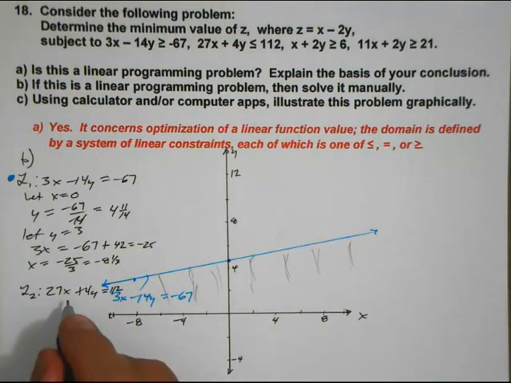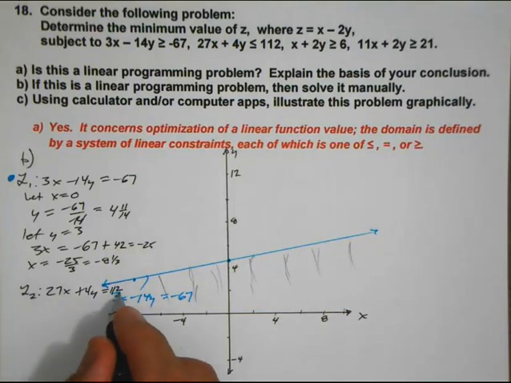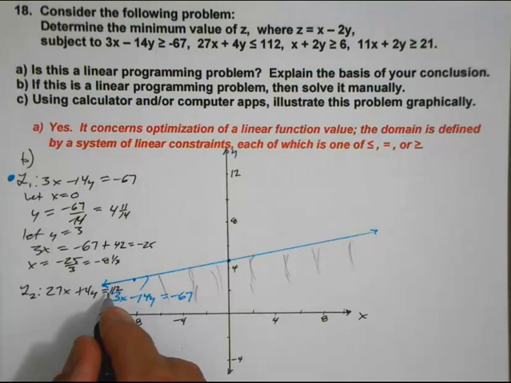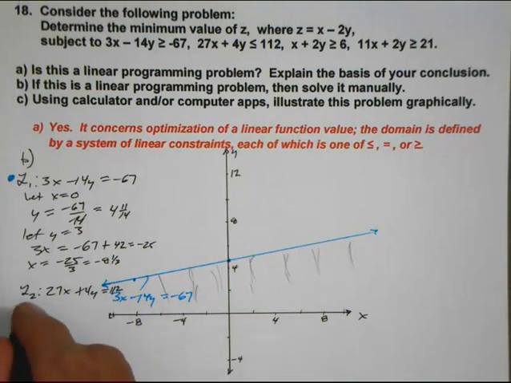Alright, let's see. If we let x be 0, we would have a very large number that will not conveniently graph. If we let y be 0, okay, we might be having something there. Let y equal 0. And this would give us x equal to 112 over 27.